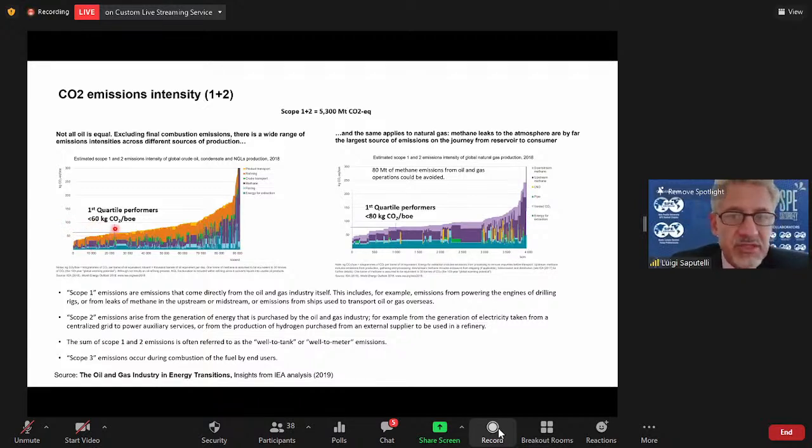This is the so-called scope 1 and 2. And above 100, we're talking about a number that is completely inefficient. So basically, we can say that a quarter or a third of the global production is producing highly inefficient quantities of CO2 per barrel of oil.